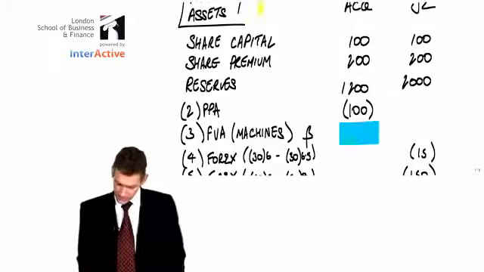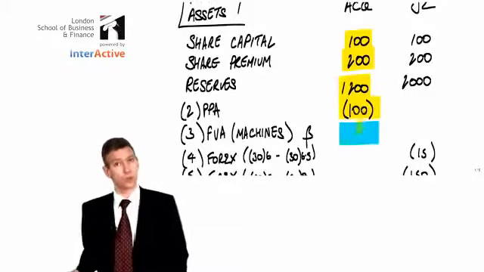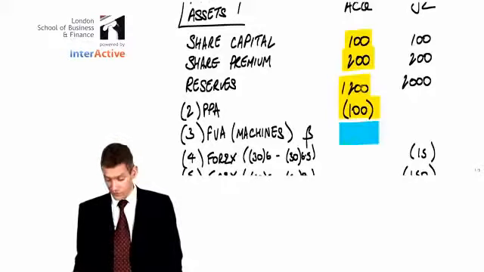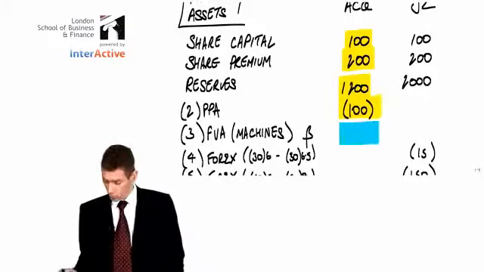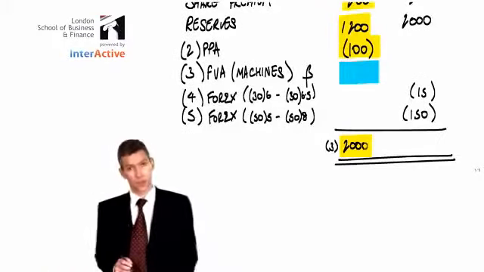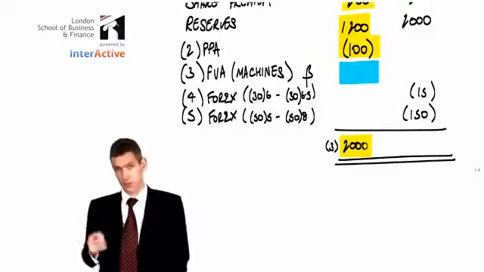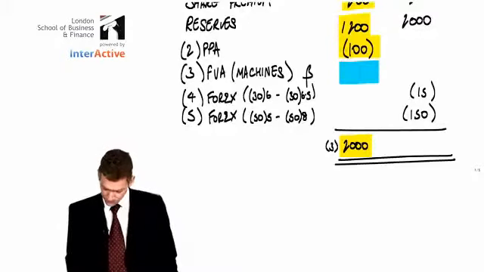What we do is we add this to this to this to this to find out what's called the book value. So as you can see, we've got 100, 200, 1500, then 1400. So 1400 is the book value. 2000 is the fair value. The difference between 1400 and 2000 is 600, and that's the fair value adjustment.